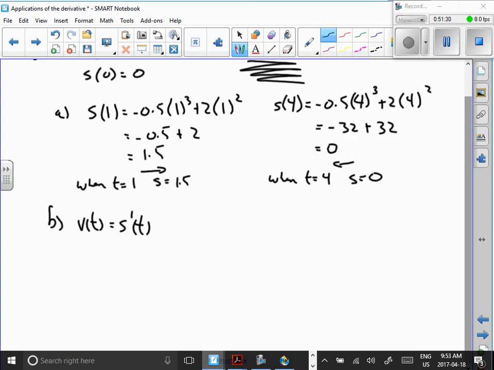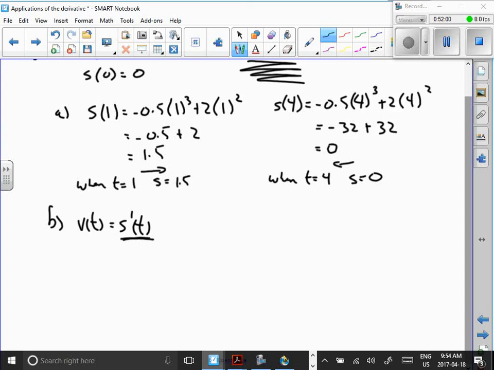The rate at which your position changes is your velocity. That's the instantaneous rate at which the displacement changes. The instantaneous rate of change is the derivative. So your instantaneous rate of change in position is velocity.